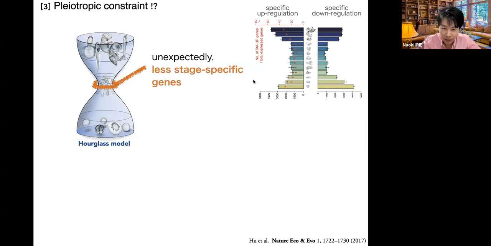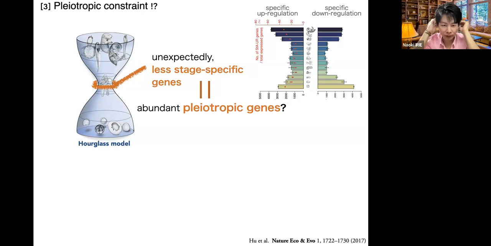So unexpectedly, fewer stage-specific genes were found at the mid-embryonic stage. And we talked over those results, and it's probably because the mid-embryonic stage has abundant pleiotropic genes, genes that are expressed everywhere or expressed in a variety of developmental stages and tissues.